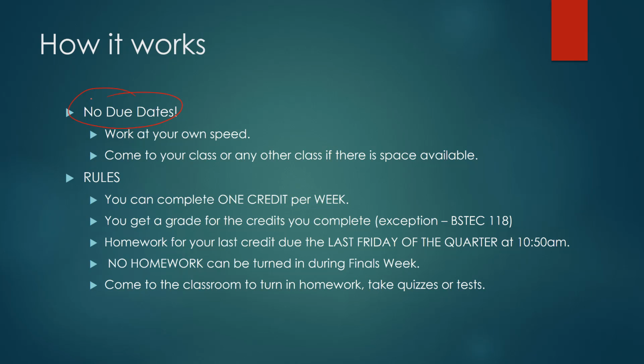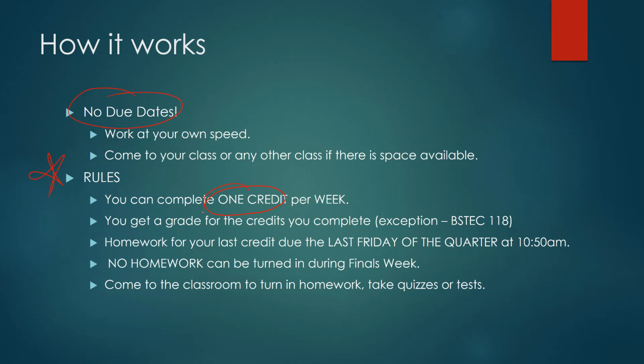Because there is all of this flexibility with how fast or how slow you choose to do your work, we have some very important rules. The first very important rule is that you can only complete 1 credit per week. That means if you are taking 2 credits, you can complete 1 credit in 1 week and the second credit in the next week.